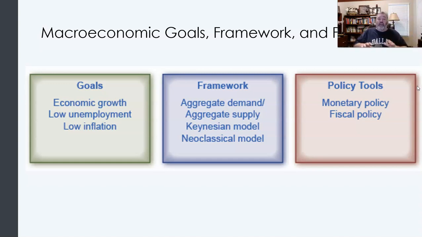Fiscal policy is changes to government spending or tax rates. That's fiscal policy. It's important to note, and I want you to remember this throughout the rest of this class, monetary policy is not set by the government. It's set by the Federal Reserve Bank, and the Fed is not a government agency. They are quasi-public, we would say, in the sense that they were created by our government, but they're not regulated by the government.